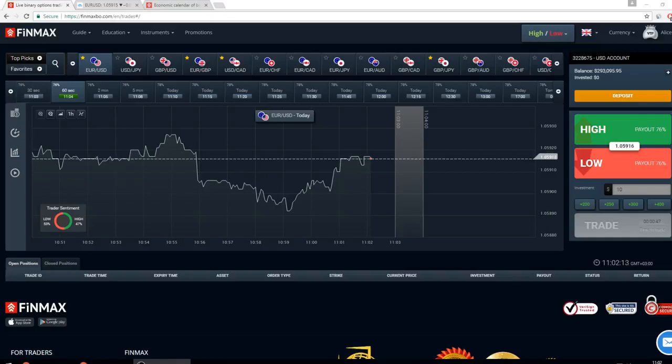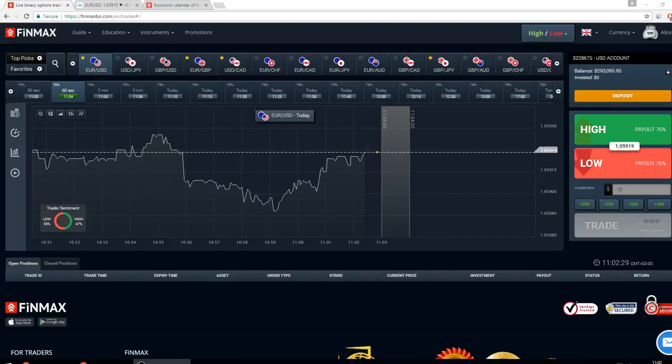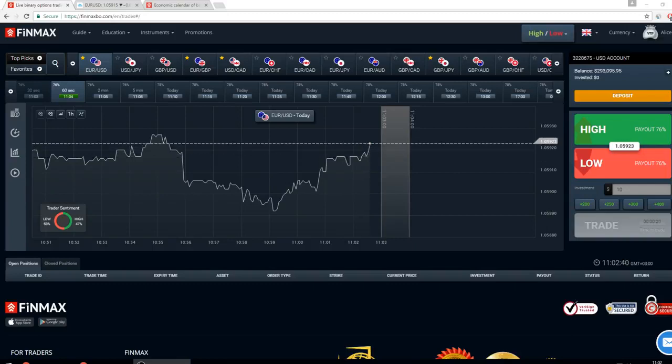Technical analysis is based on the previous results of the market movement. It consists of calculations, and they allow us to calculate and predict the further movement of the market based on the previous results.